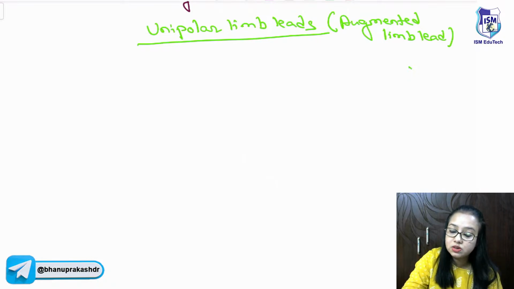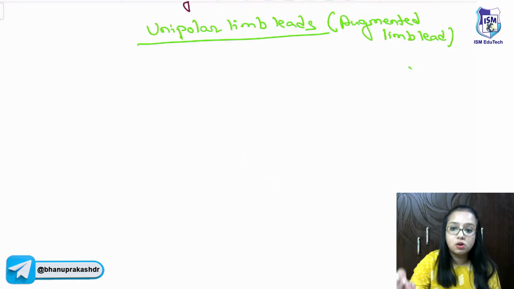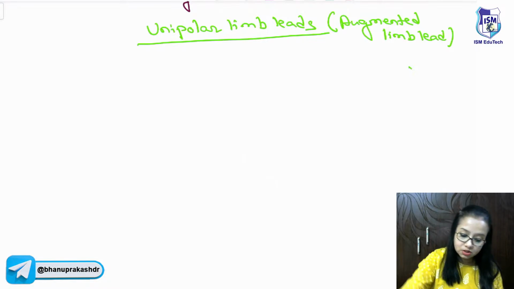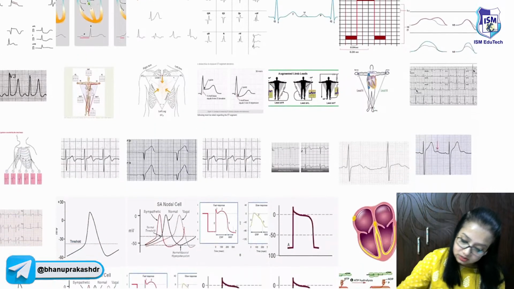Here in unipolar limb lead, there is one positive input to one limb, and the rest two limbs that are not having the positive input, means no positive electrode is connected, those two together make a mean and form the negative input. So it is something like this.